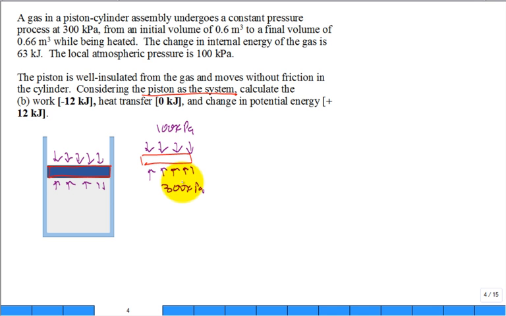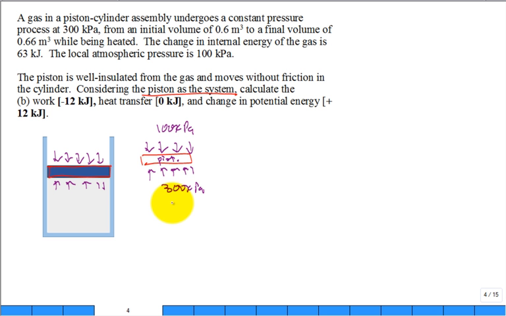So, if the piston is the surface and it's pushing back the atmospheric air, from the perspective of the piston as the system, it's doing work to push back the atmosphere. It's a work transfer out of the piston because it's pushing back the atmosphere. Make sense? But what about with respect to the gas below it?